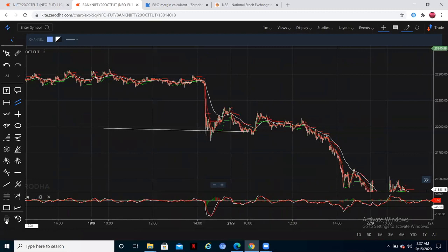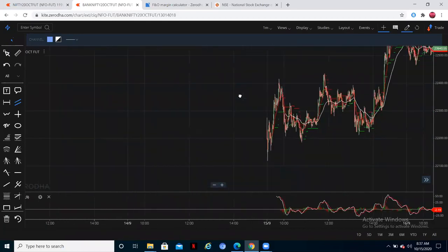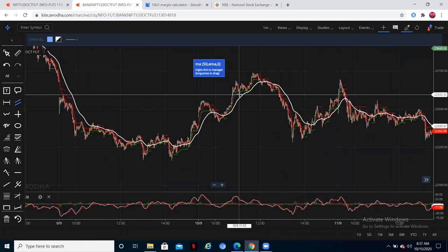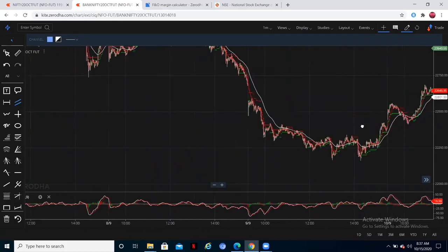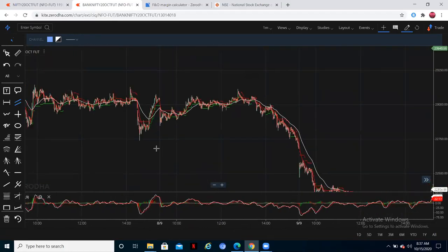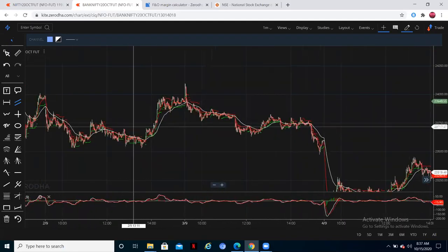And without paper trading, in case you are trading in indices, or in case you're not good with price action, in case you're not good with the entries or anything, in case you have not understood anything, index trading won't be successful. So this needs a lot of practice, which we will be doing on paper first. So this is how you will be trading for the stock futures as well as index futures.